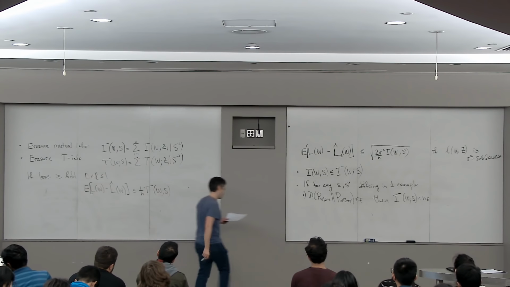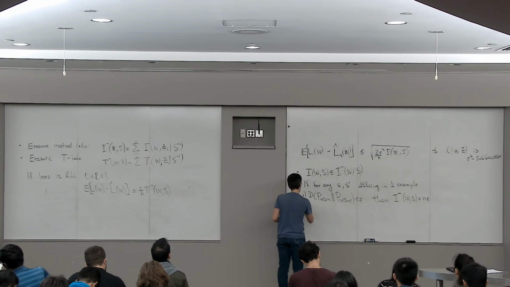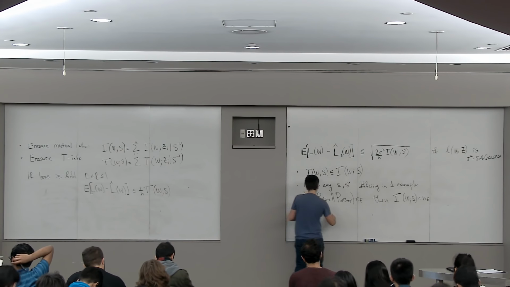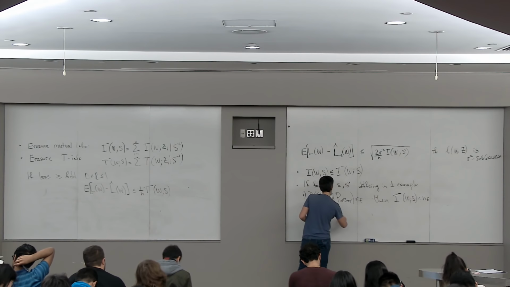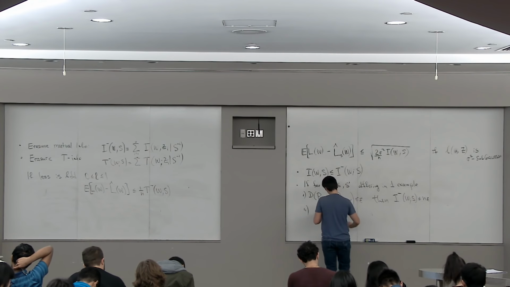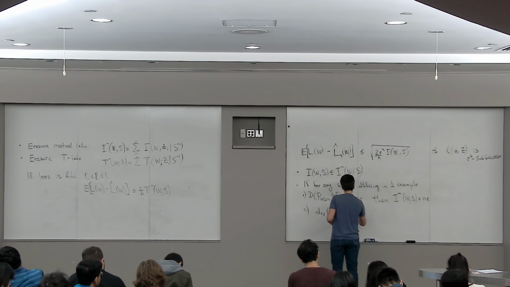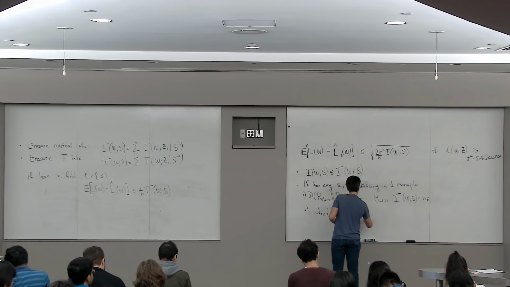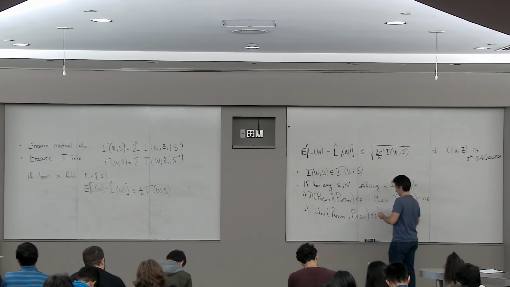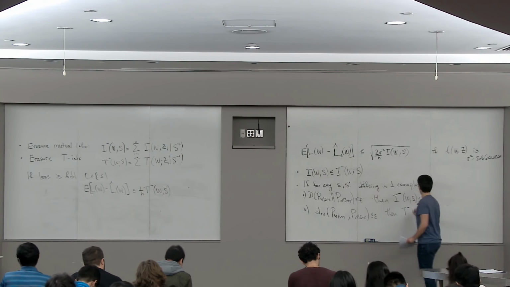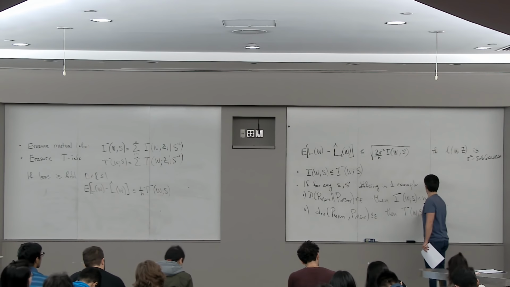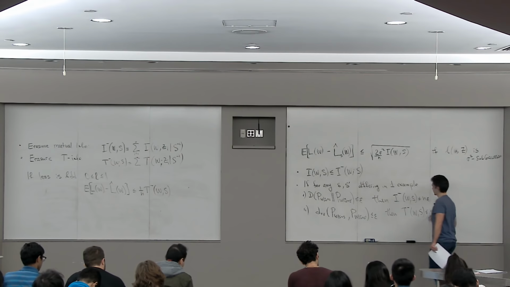Here's another path. If the total variation between P_{W|S=s} and P_{W|S=s'} is less than epsilon, then erasure information is bounded by n epsilon.